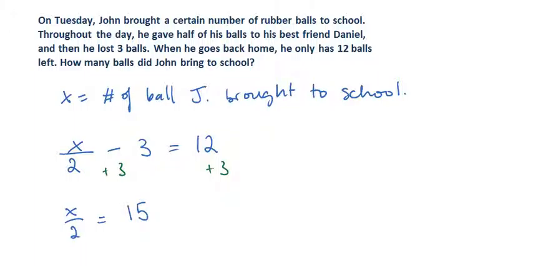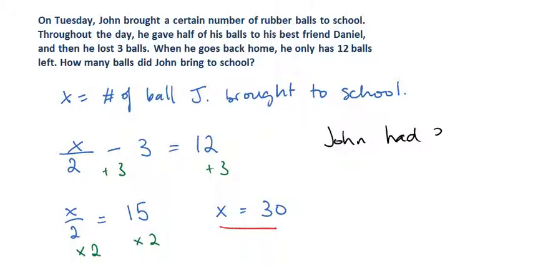And then we're going to multiply by 2, so we have x on its own, times 2 and times 2. And then we have x is equal to 15 times 2, 30. So John had 30 balls. That wasn't too hard, was it?